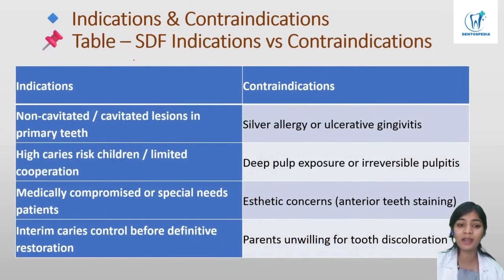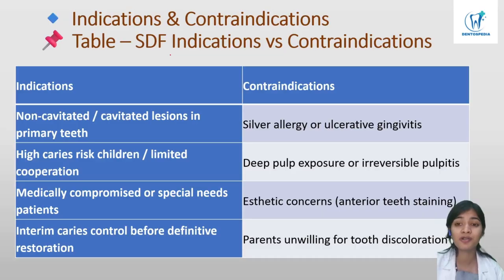Indication, contraindication and application. SDF is a rapid brush-on application ideal for challenging patient populations. It is used in arresting cavities, on cavitated carious lesions in primary teeth to stop the decay process, particularly when definitive restoration is not immediately possible.